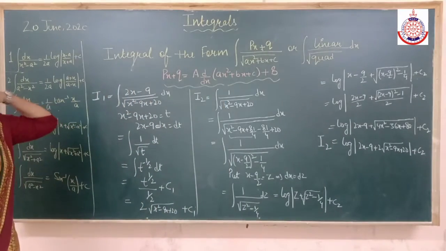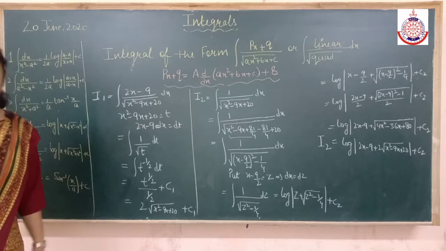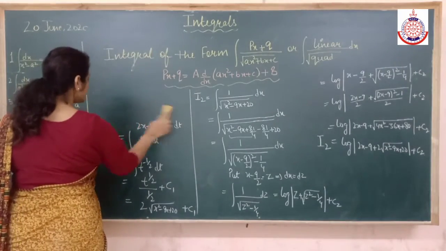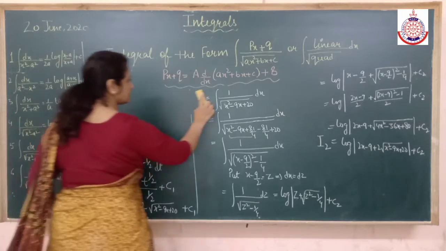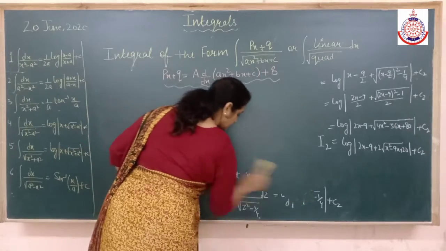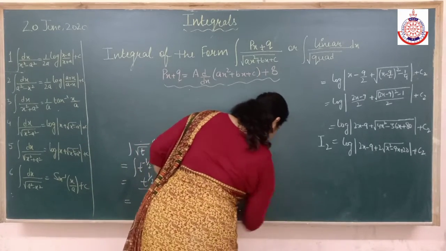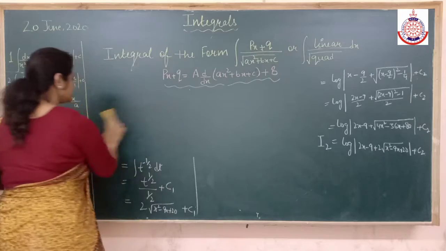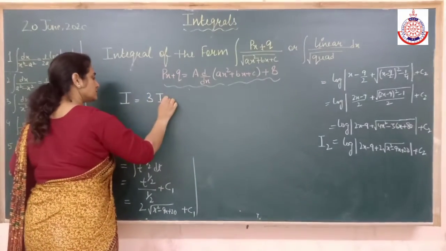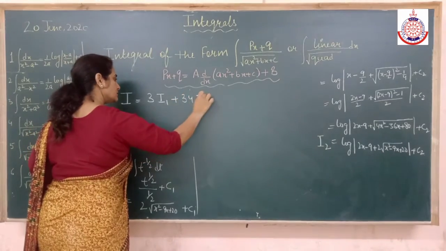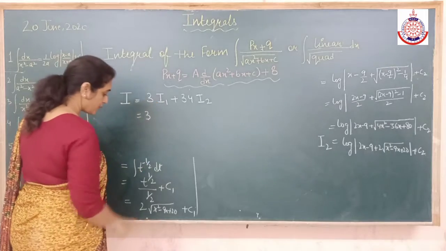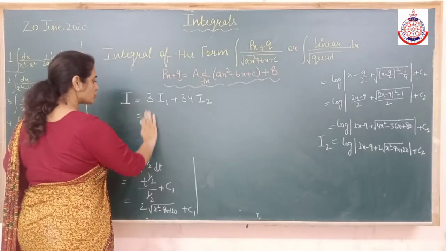I have to substitute these values where? I have to substitute this value in equation 1. Alright. What was equation 1? Put the value. I1 has come 2, so it becomes 6.